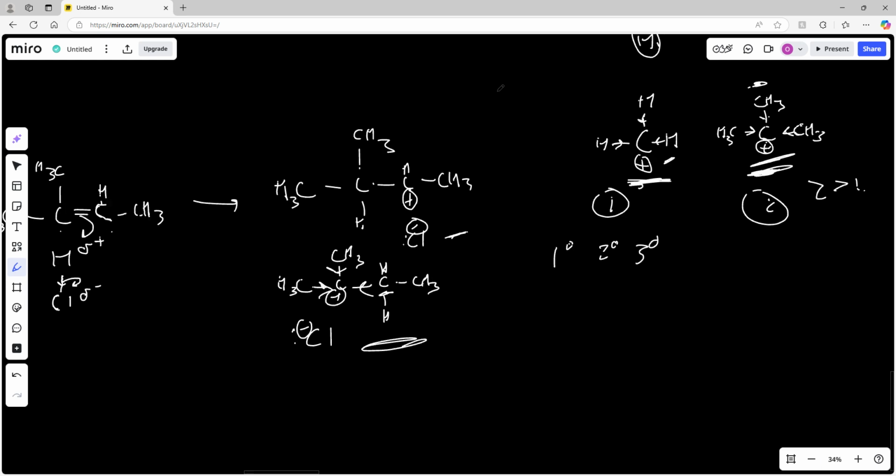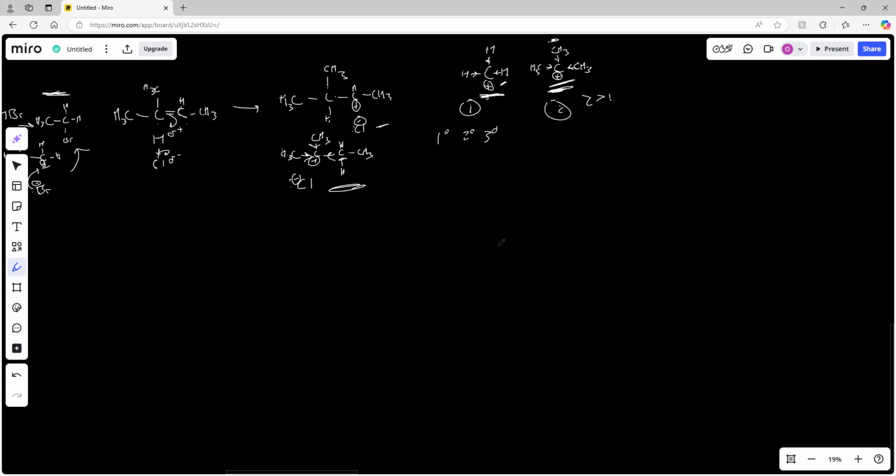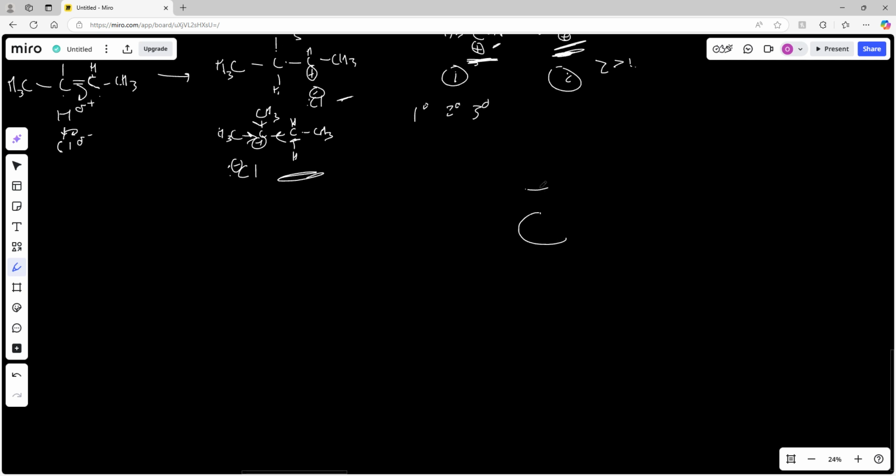We're also going to look at this in another sense. Let's say we had a very similar compound. Okay, so we had a carbocation, but instead of having methyl branches, we had phenyl branches. So I'm going to draw the benzene. I'm going to draw a Kekulé structure because we can show basically the stability better.